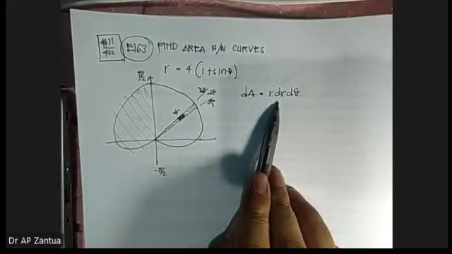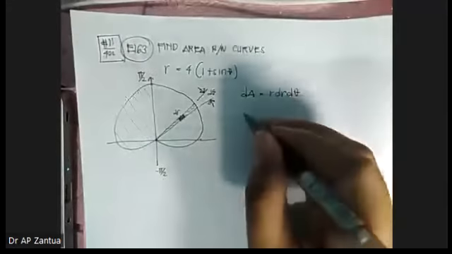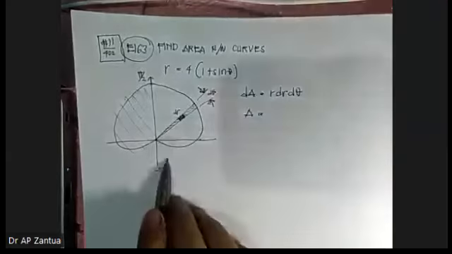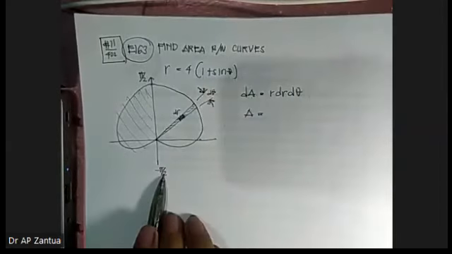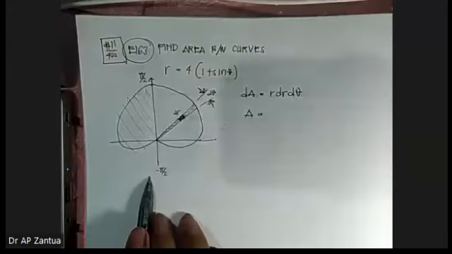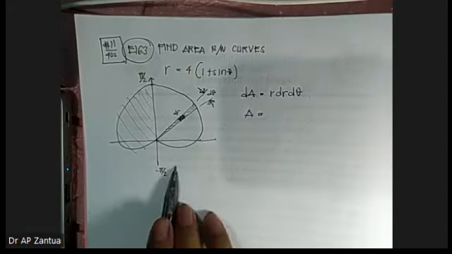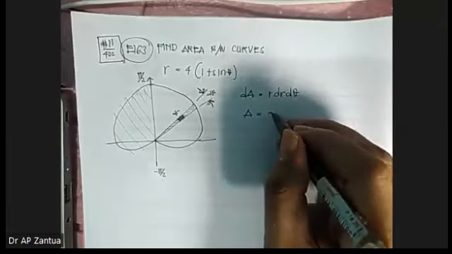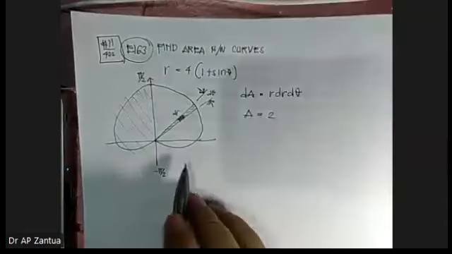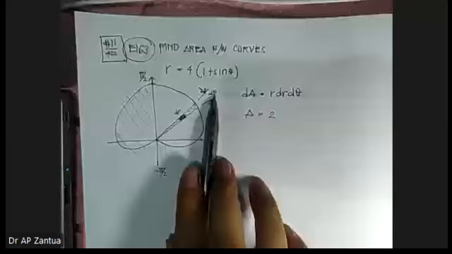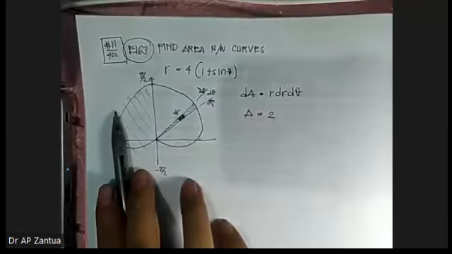Okay. So integrating both sides, we have the total area, which from negative pi over 2, one rotation up to negative pi over 2. Okay. So one rotation. But I will do the multiplication because I observed that the left-hand side and right-hand side areas are the same.